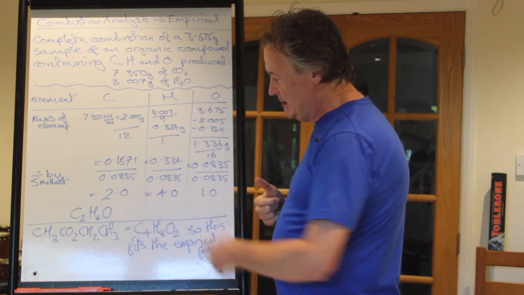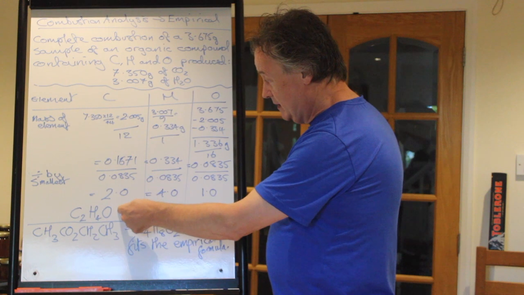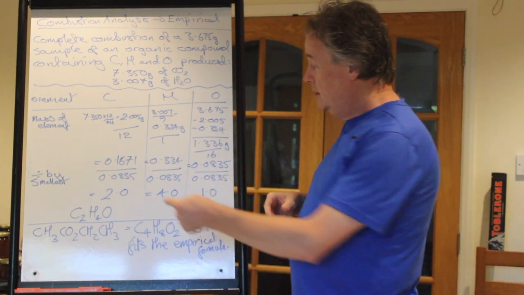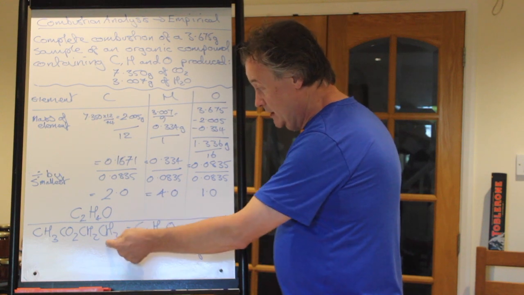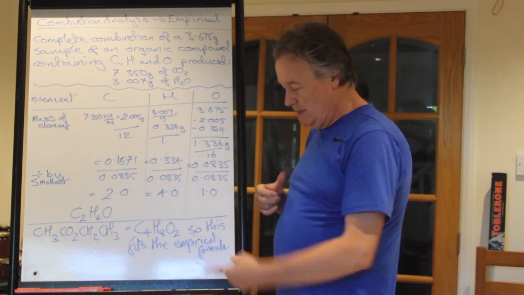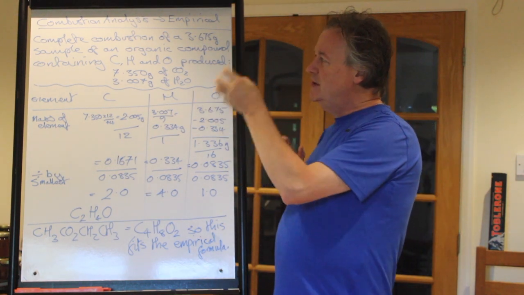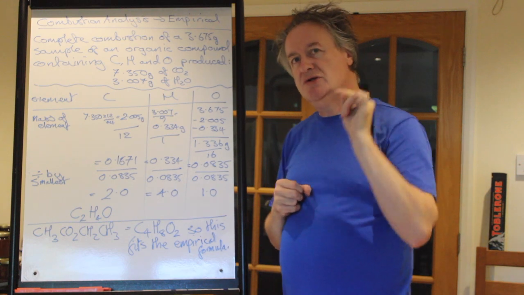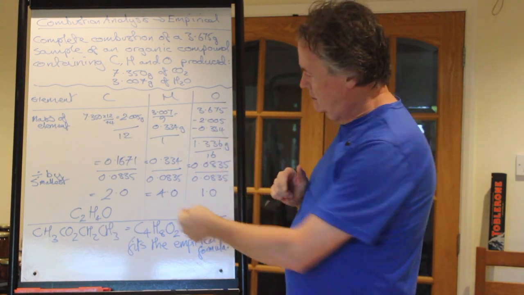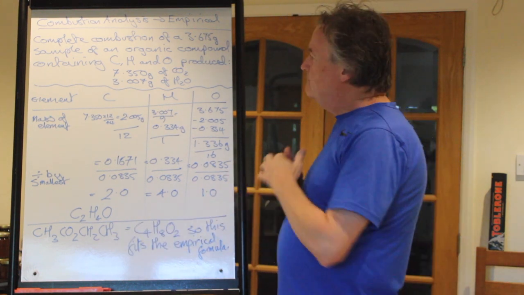Does that match in terms of empirical formula? Well, yeah, that doubled is C4H8O2. So that empirical formula could be, I'm not saying there aren't other things, I haven't thought about it, but it does fit with the empirical formula we've got. So this question could have been, show that this analysis is consistent with the formula of, in this case, this one here.